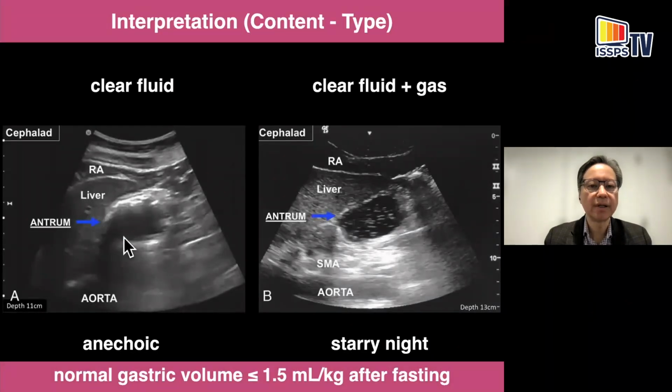Sometimes it is like carbonated fluid, or when you drink, you can also trap some air bubbles. So you will see something like this. We call this the starry night appearance. A normal gastric volume after fasting can be up to about 1.5 mils per kilo, about 100 mils in a 70 kilo person. That is quite normal.